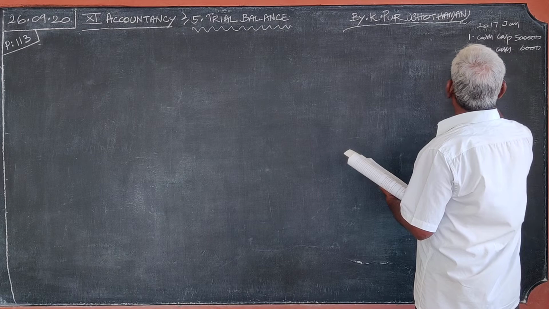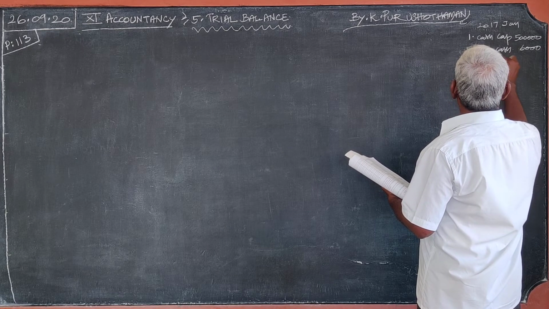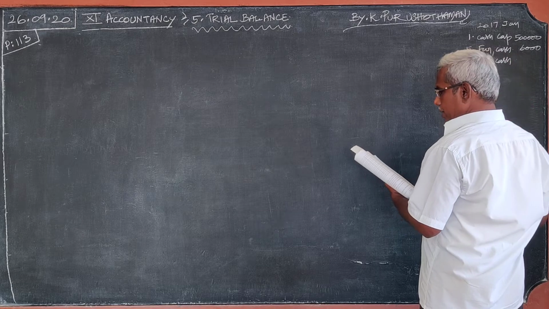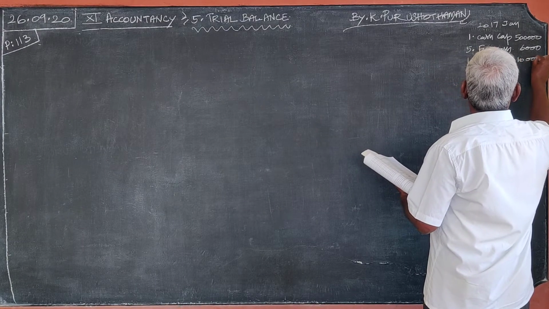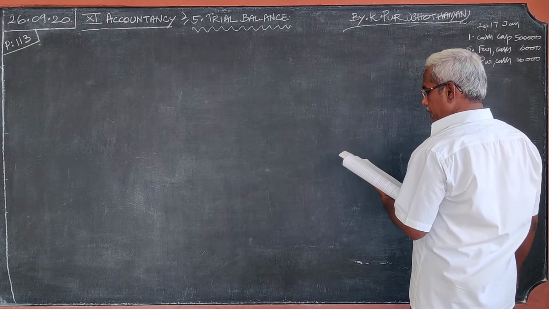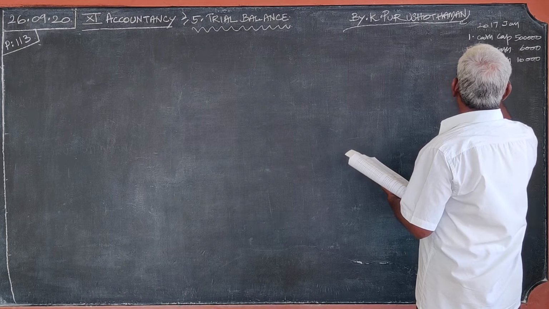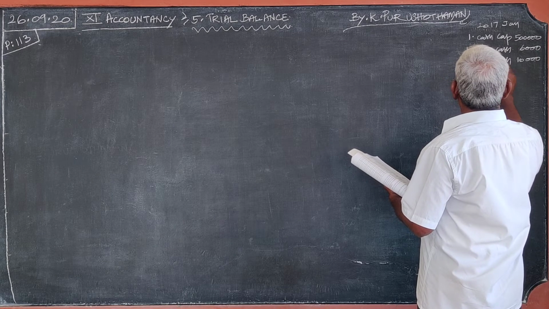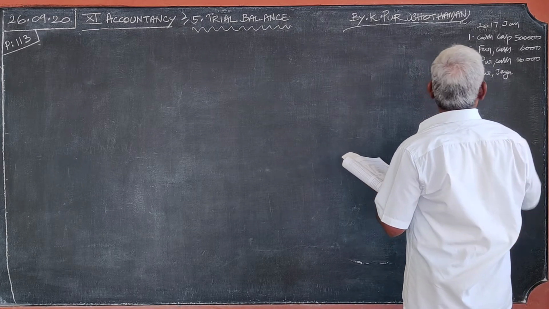On 10th, purchases, cash, 10,000. After 10th to 15th, purchases, Jayanti, 25,000.